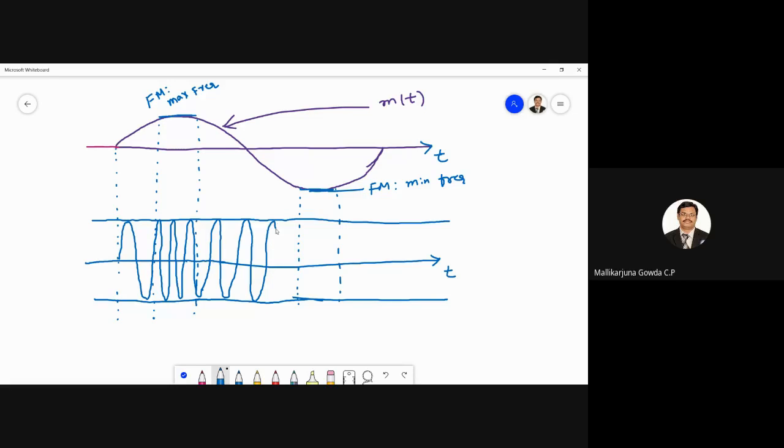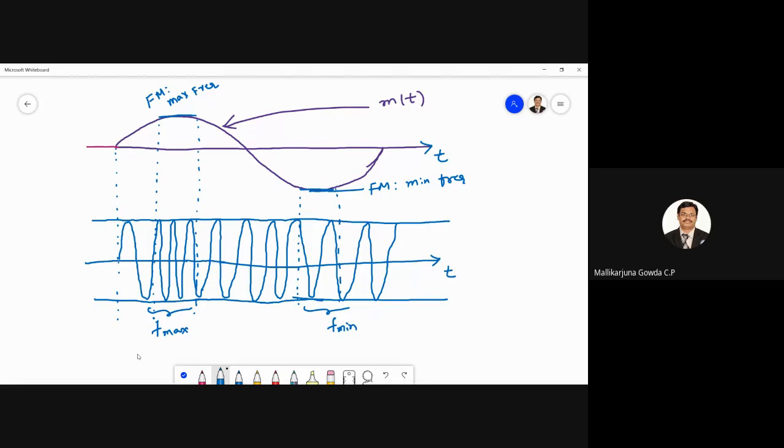At this point of time, it oscillates at the unmodulated carrier frequency. So this part we find as F max, and this portion we say is F minimum.